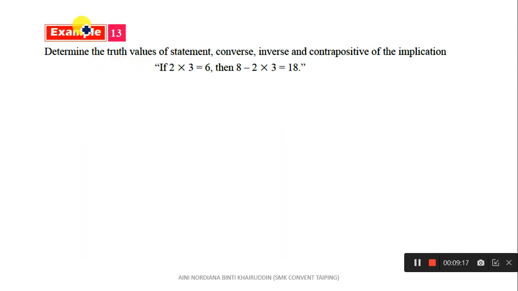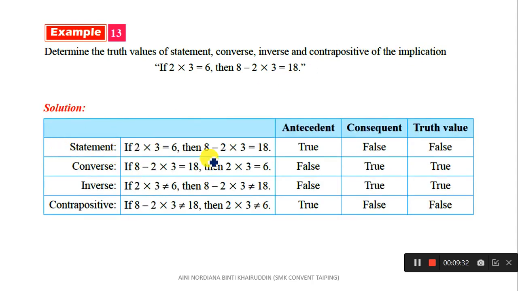Have a look at example 13. Determine the truth values of the statement, converse, inverse, and contrapositive of the implication. The statement is the implication. This is the antecedent. For the statement, the antecedent 2 times 3 equals 6 is true.